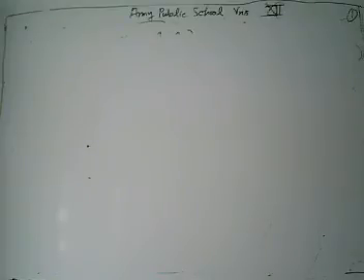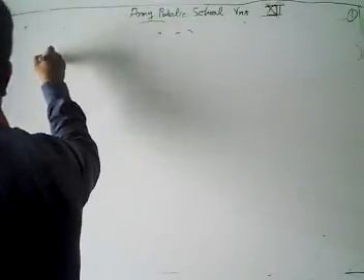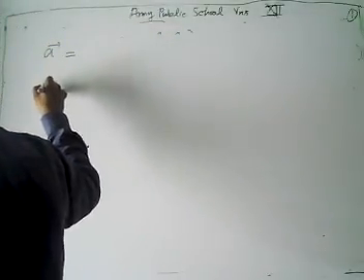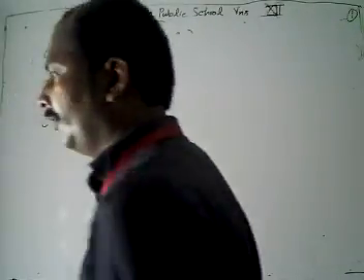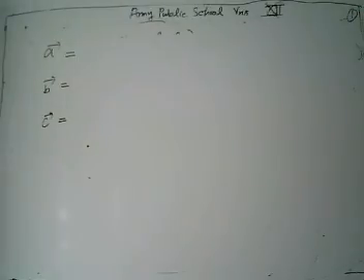We have to show that the vectors A, B, C form the sides of an equilateral triangle. We have been given three vectors A, B, and C.